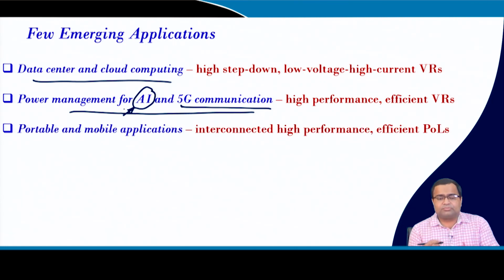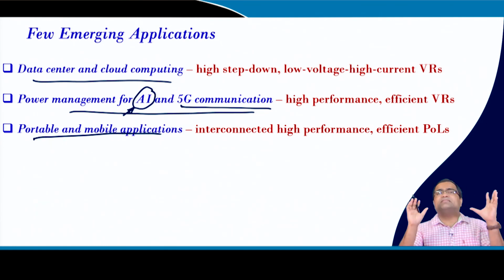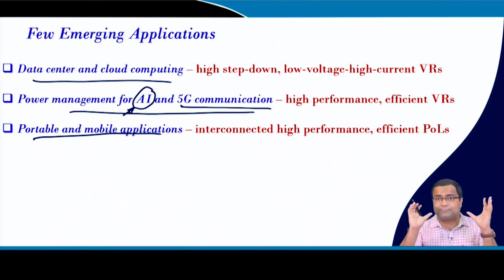Okay. Then if you go for portable and mobile applications, portable and mobile devices are common now, because of work from home or when you are traveling, and the smartphone itself is slowly becoming like a mini computer. So, for such a system there are multiple power management converters, and each will have different voltage and current requirements.